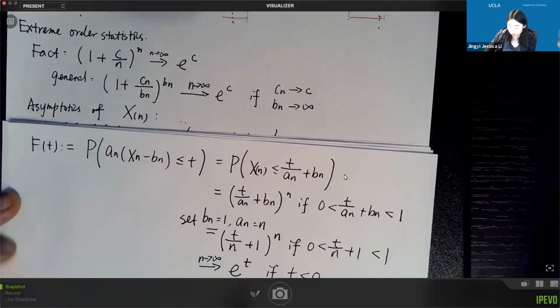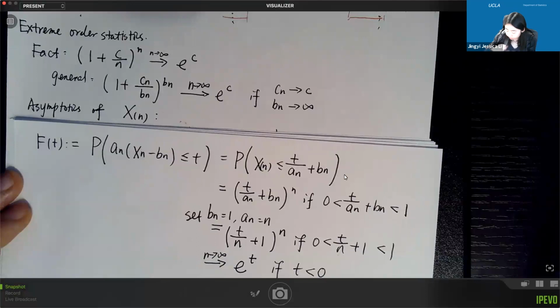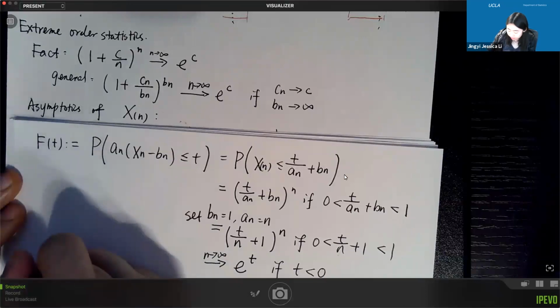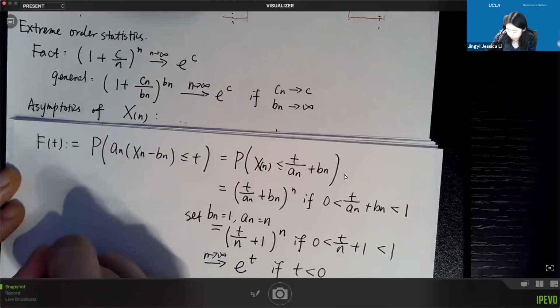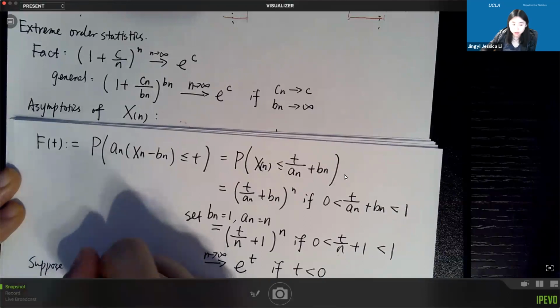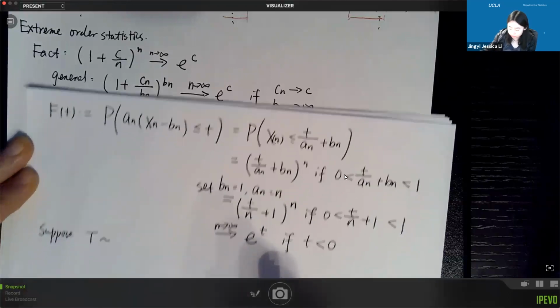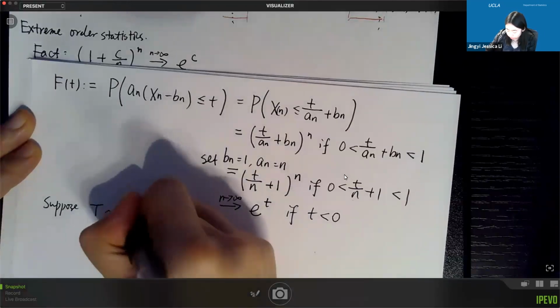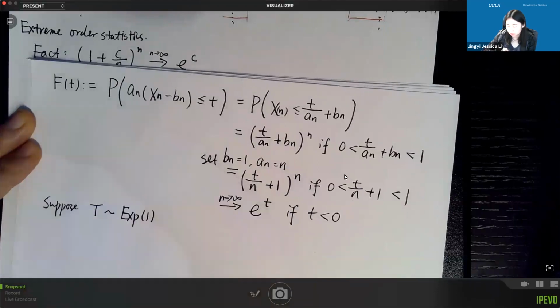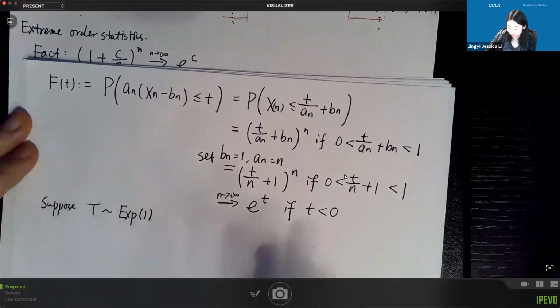Okay, that's it. And now you see, this is something we can actually see very interesting. I don't know if you recall that if we have, let's say, suppose we have a random variable following an exponential distribution with parameter 1. So now the knowledge comes into play.